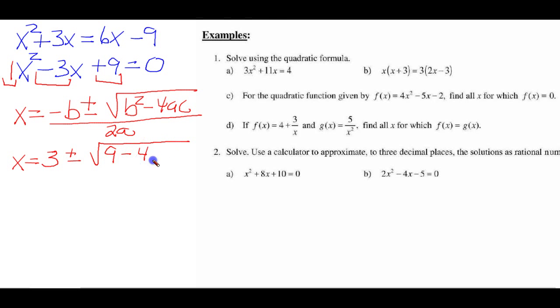Minus 4. a, we say, is 1. c is 9. All over 2a, and that's 2 times 1, so we can just put the 2 there. So we then get 3 plus or minus. Now a negative 4 times 9 is a negative 36.